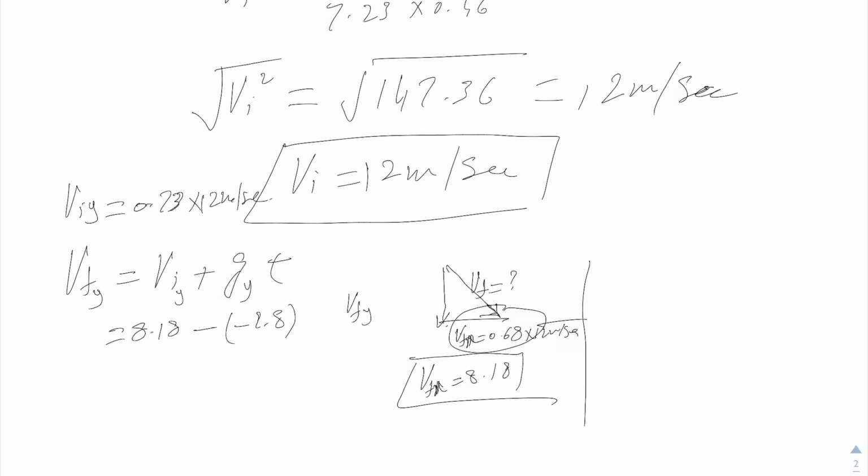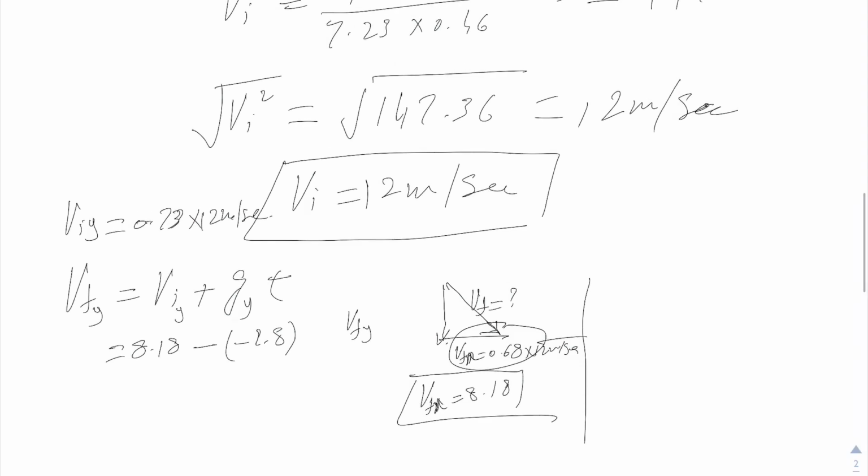And now here is the thing we need to understand, that we need to calculate the time. So how will we do that? That's very simple. We already know delta x equals Vix times t. So the x component of the initial velocity we have calculated.